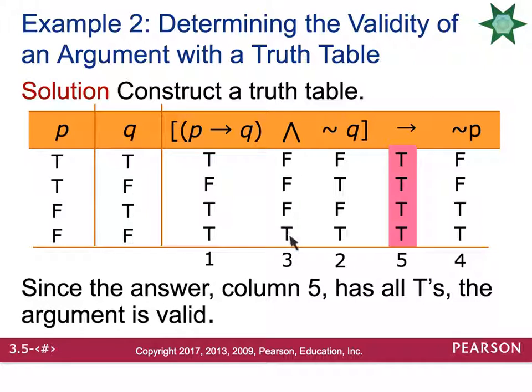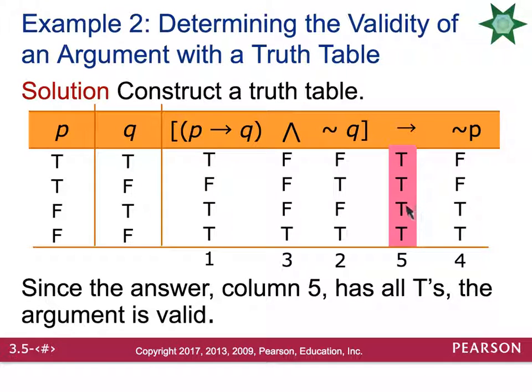Now we're going to arrow that: take these two ands, then negation P. So true, true, false, false, we just carry over here and change to the opposite. So this becomes false, false, true, true. And now we're taking if-then of these two. False, false gives us true. False, false gives us true. Remember, it's if-then.